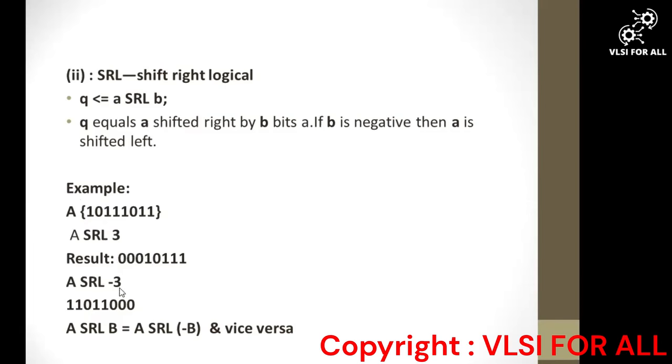And A SRL minus 3 will shift towards the left. 1 1 1 0 1 1 will come towards the left, and the vacant positions are filled with 0. So we can say A SLL B equals A SRL minus B, or vice versa.